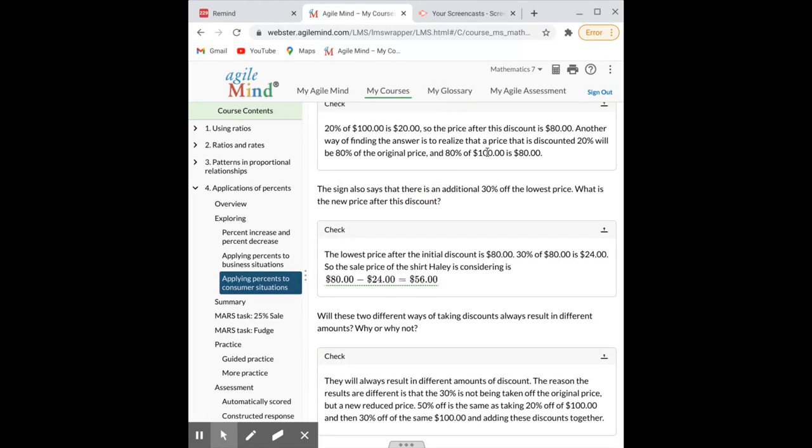Well, are we taking 30% from 100 or did we take 30% from 80? 100. No, that's why you're confused. We took 30% from 80, and that's why it's different. If we would have took it from 100, it would have been the same, but we took it from 80, so that's why it will always be different.